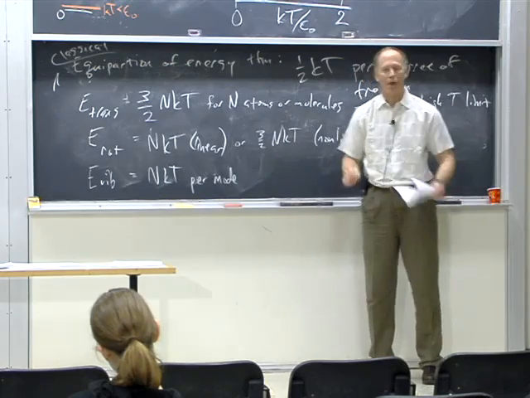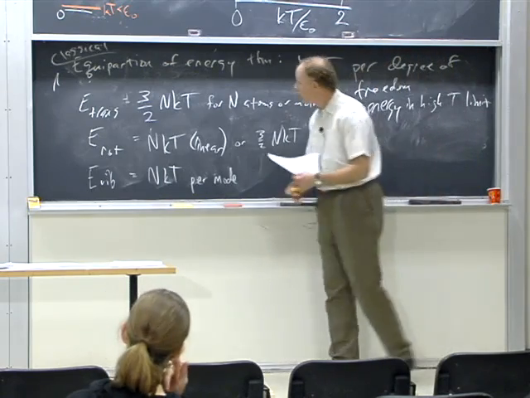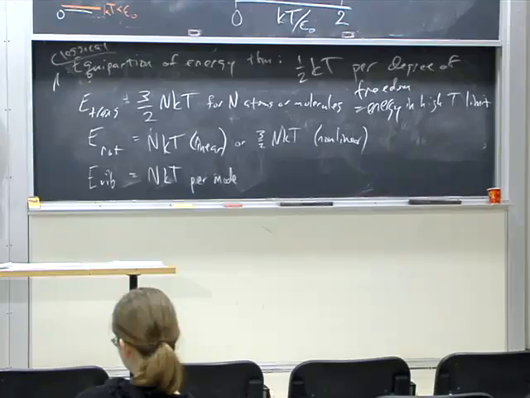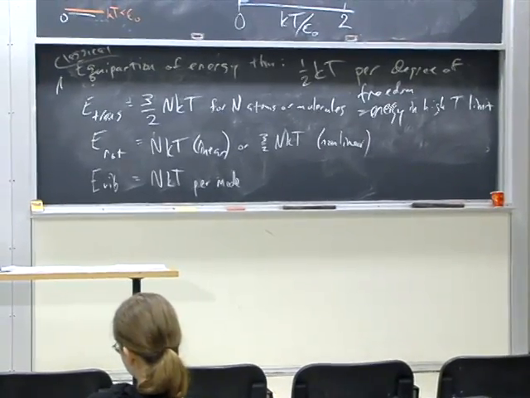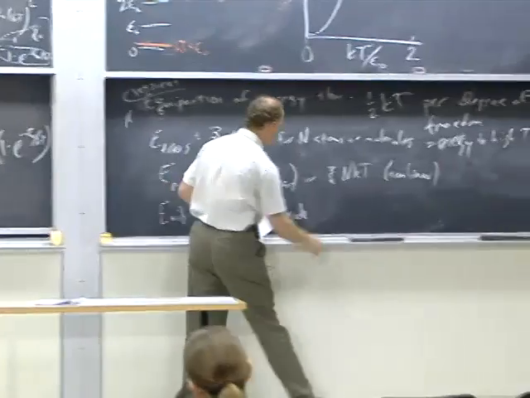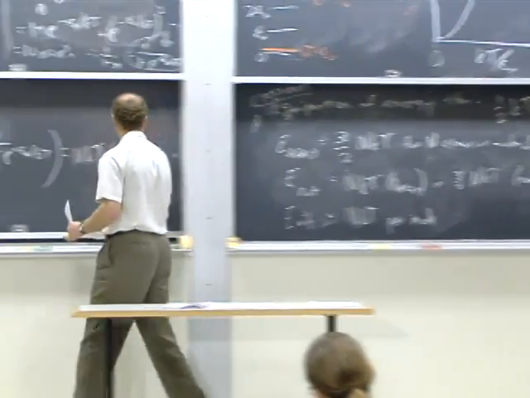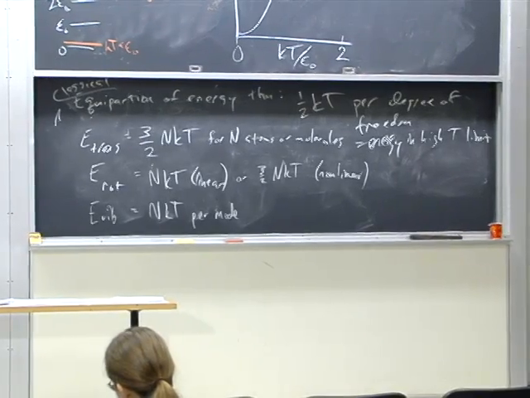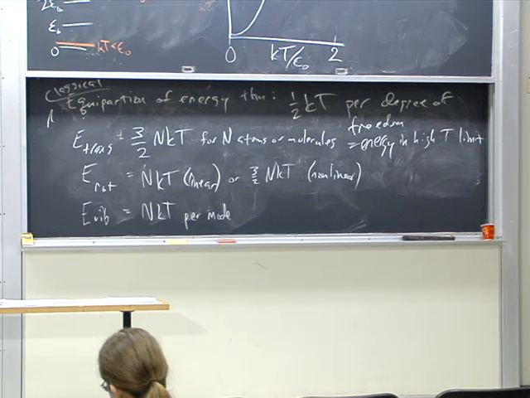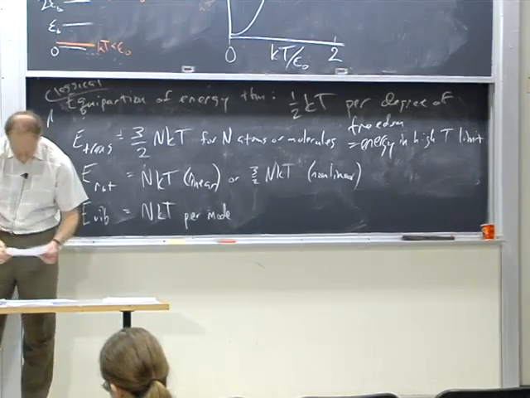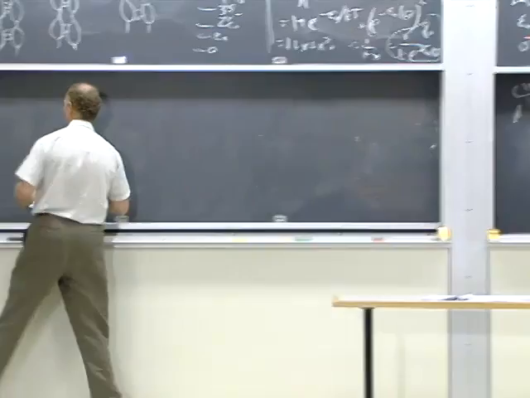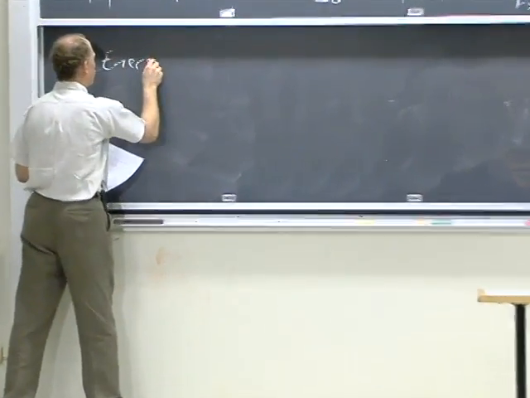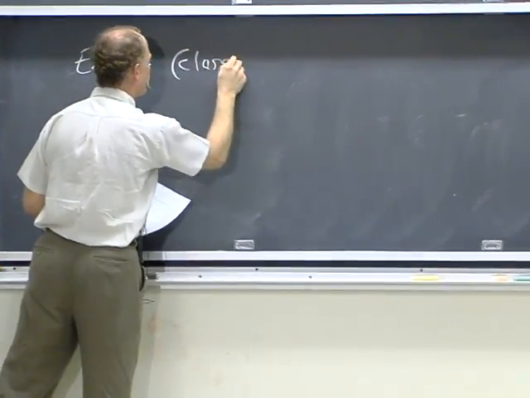Why does all that happen? Turns out, you can see why pretty easily. All those classical degrees of freedom, if you write out an expression for the energy, classical, right?